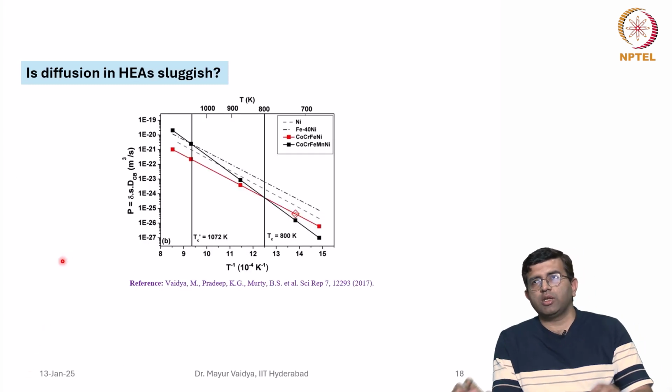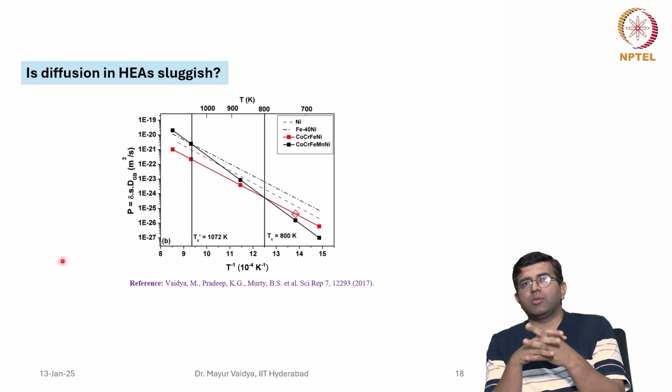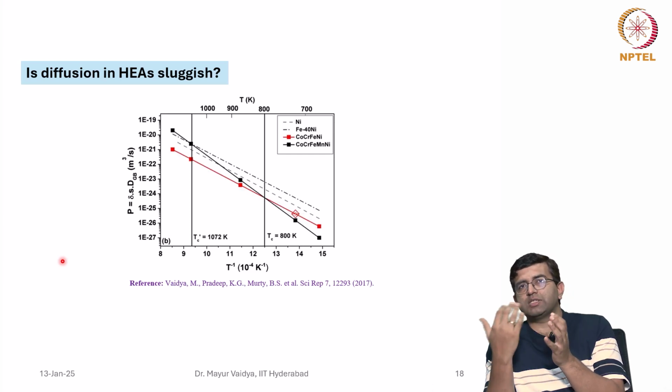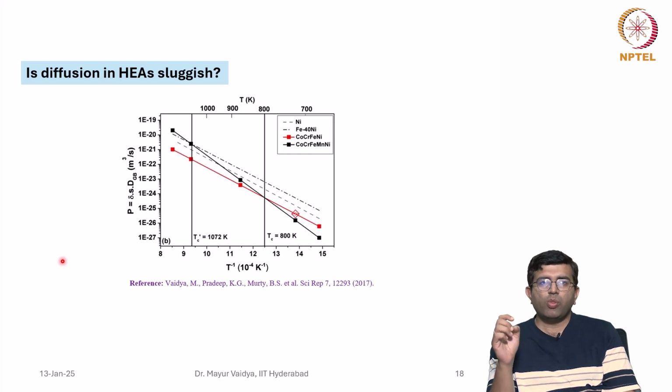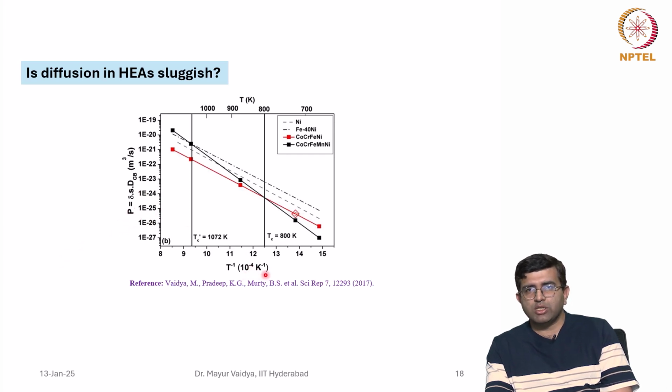Now the big question as far as diffusion in high entropy alloys was concerned is, does the diffusion really become sluggish as you increase the number of elements? Here I have shown you one example where the diffusion coefficient, or rather the triple product, is compared at various temperatures for pure nickel, iron 40 nickel alloy, the 4 component medium entropy alloy and the high entropy alloy.